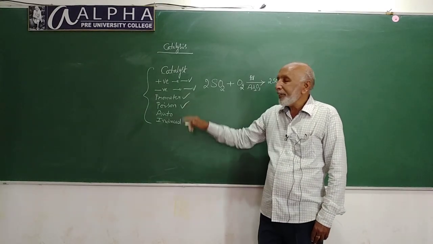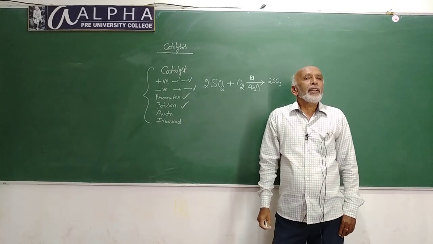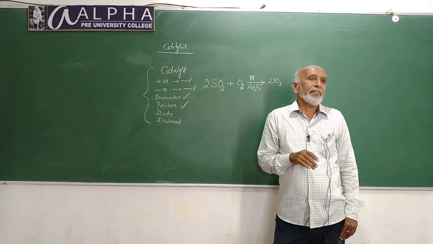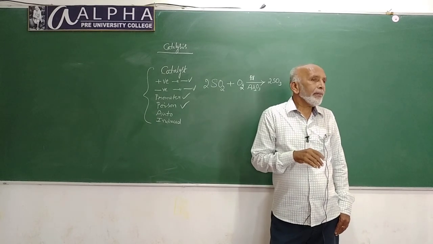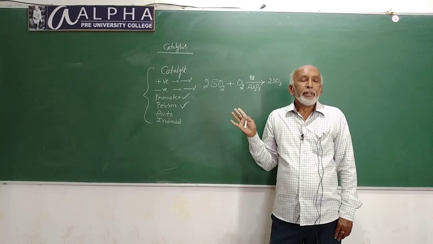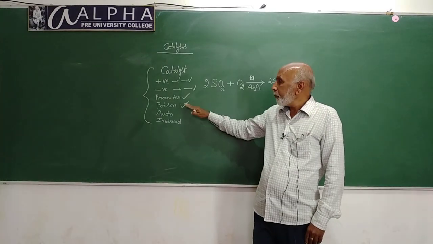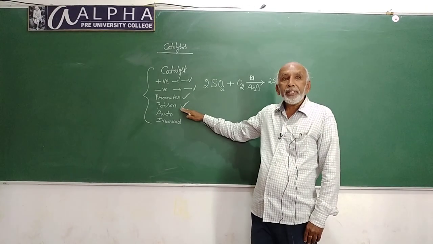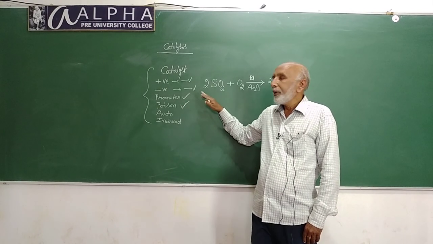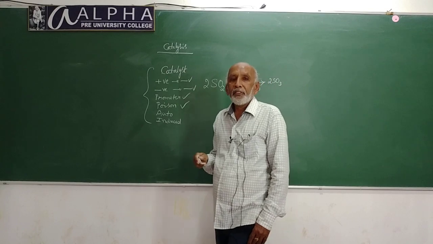What about catalytic poisons? Catalytic poisons decrease the activity of catalyst. That is, catalytic poison decreases the active centers of the catalyst.